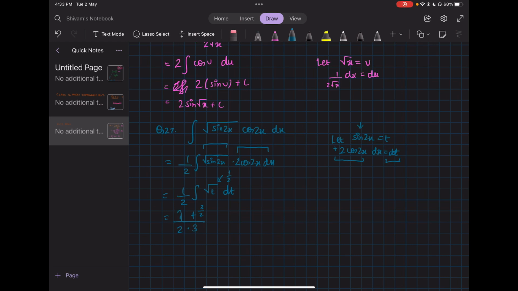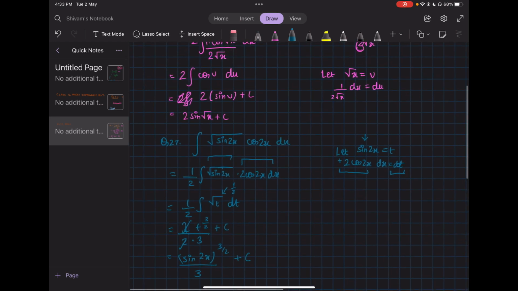So I'm just going to take the 2 to the numerator plus c. Now, of course, this 2 and that 2 cancel, and we replace the value of t. So sine of 2x to the power 3 over 2 over 3 plus c. That is our answer.